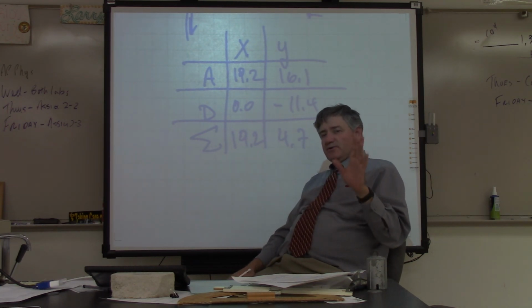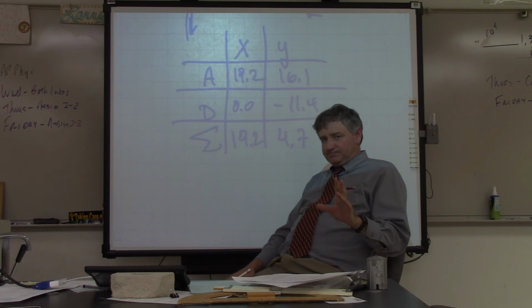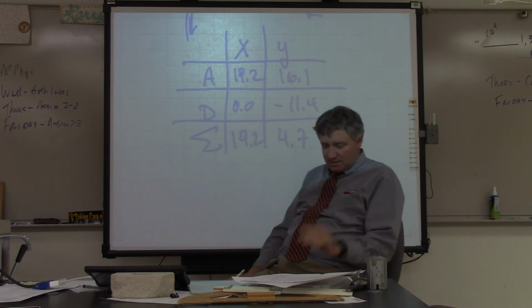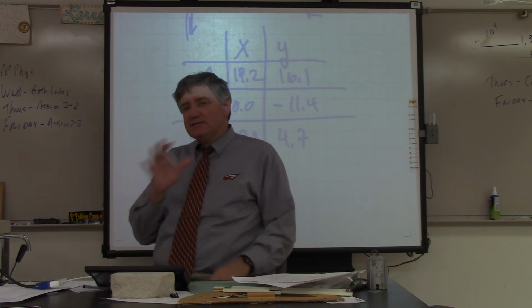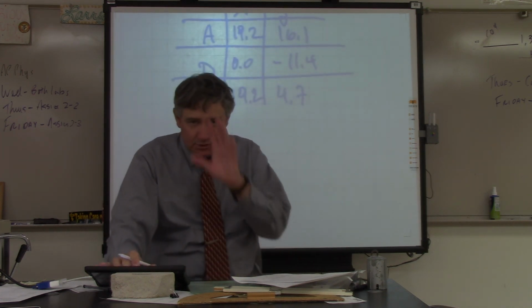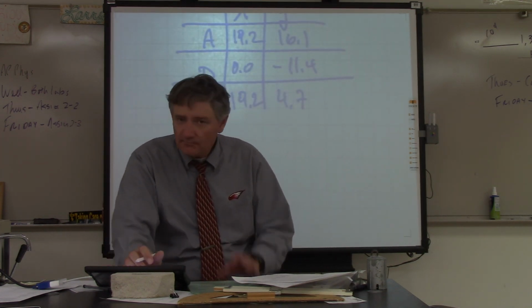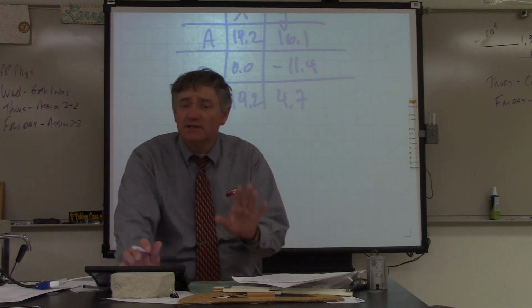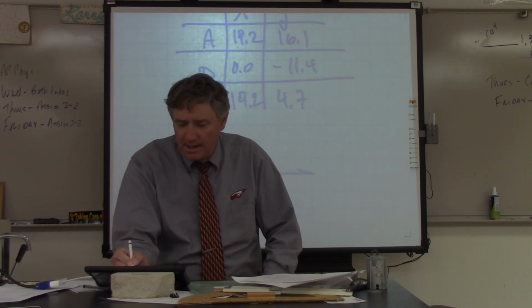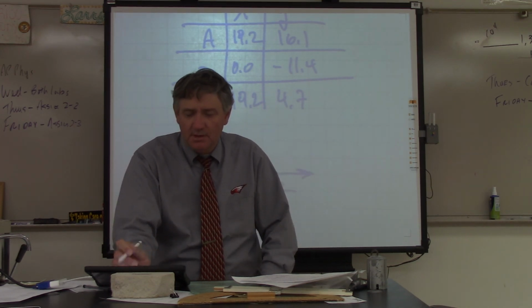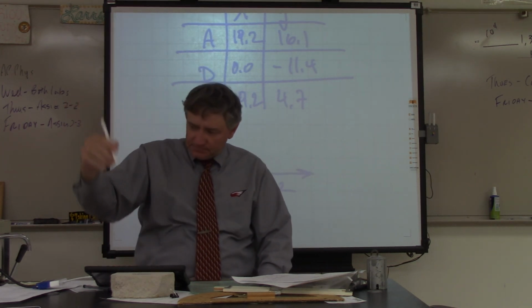Now, this is the most critical thing that you have to do next. Okay? You have to do this. Now, go out here and make a sketch of a new triangle. It doesn't have to be to scale, it's just a sketch. So come out here and go, okay, I got 19.2, that's my x component.